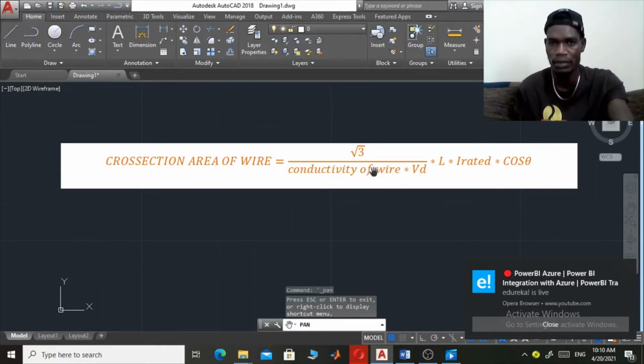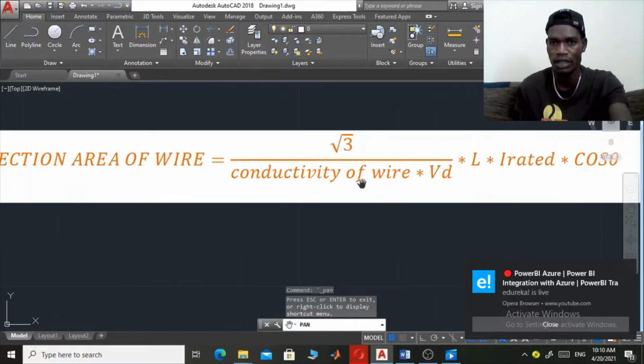I highly recommend using that number for the conductivity of a copper wire, since your conductor is copper. If your conductor is aluminum, you have to change that number. If your conductor is silver, by the way, silver is not recommended because of the initial cost. But here, in the cross-sectional area, the conductivity of the wire depends on whether your wire is copper, aluminum, maybe silver, maybe lead, maybe gold.